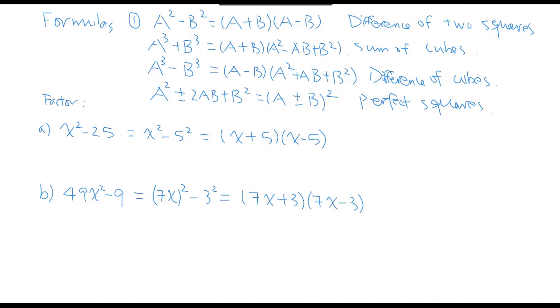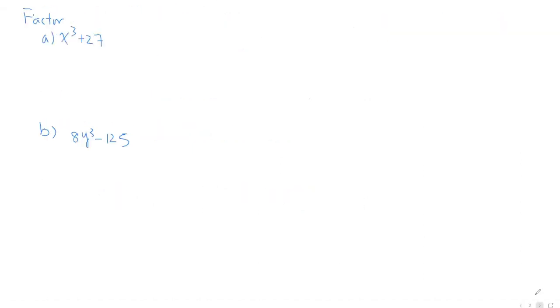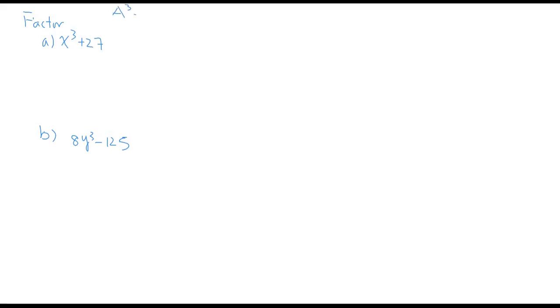Let's take a look at the sum and the difference of two cubes. For the first one, let me copy the formula here. So you have a raised to the third plus b raised to the third, and this is a plus b times a squared minus ab plus b squared.